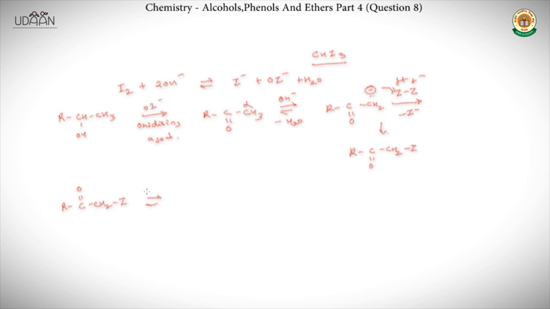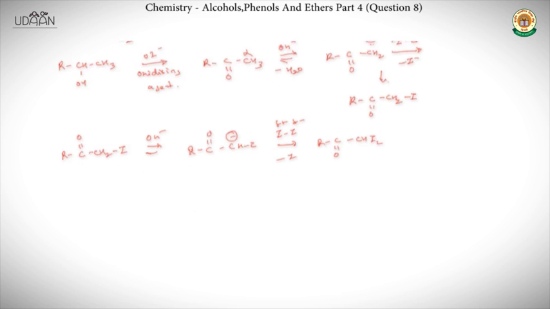We know that this R-C(=O)-CH2I, again on reaction with OH minus, forms R-C(=O)-CHI with a carbanion, and again an H plus is taken. Again the same process is done, with delta plus and delta minus of I2, we are getting R-C(=O)-CHI2 this time.